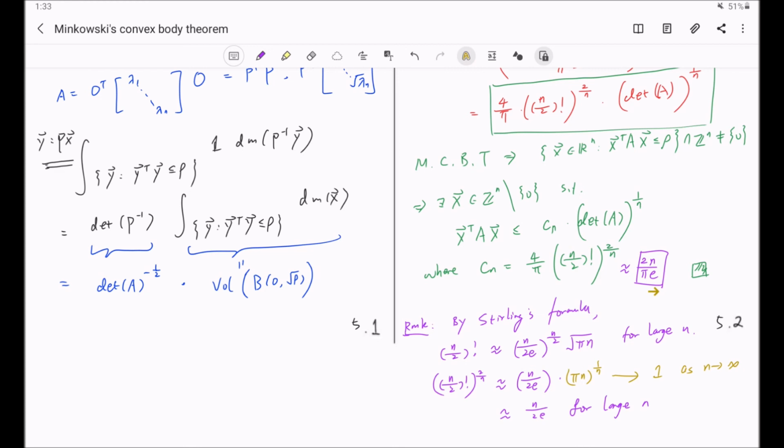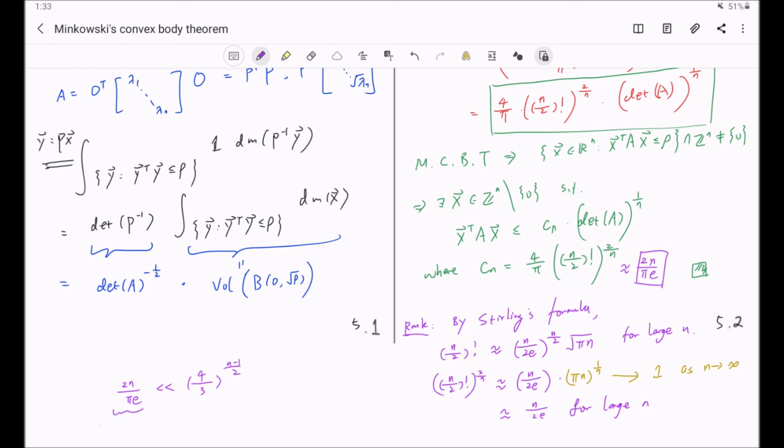What is really good about this constant given by Minkowski is that it is much smaller than the constant given by Hermite. The constant given by Hermite is (4/3) raised to the power (n minus 1) divided by 2.